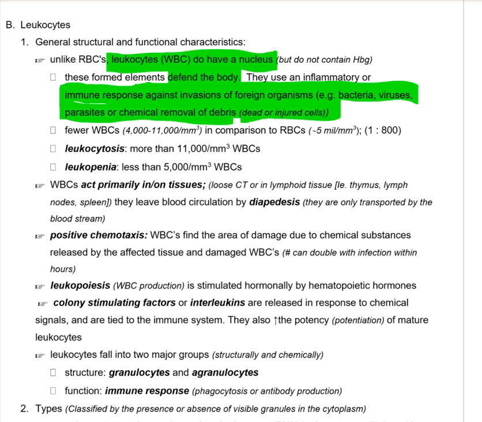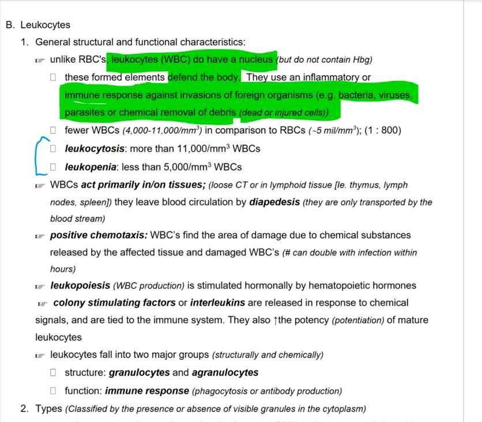There's a lot less white blood cells per millimeter cubed than red blood cells, as you can see the difference there. And it's good to know these two terms. I think you have to know them also for lab this week. So leukocytosis is more than about 11,000 white blood cells per millimeter cubed, and leukopenia is less than 5,000.